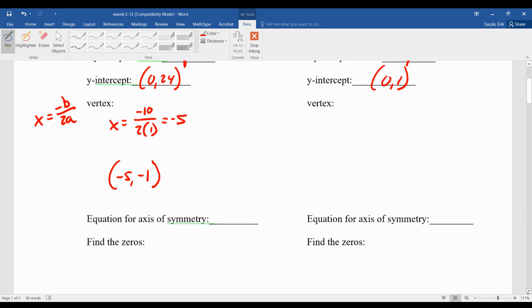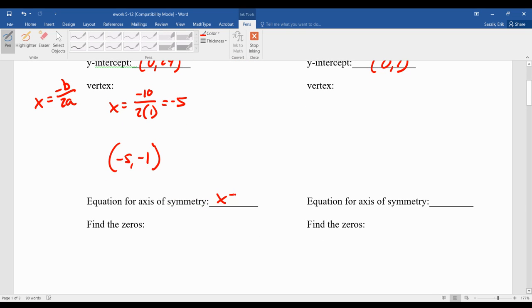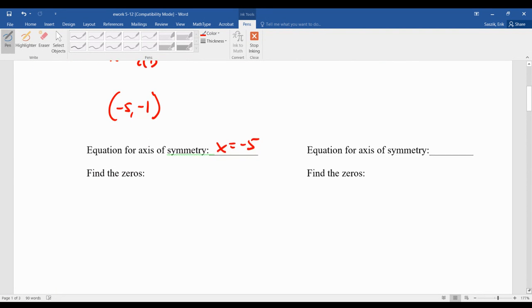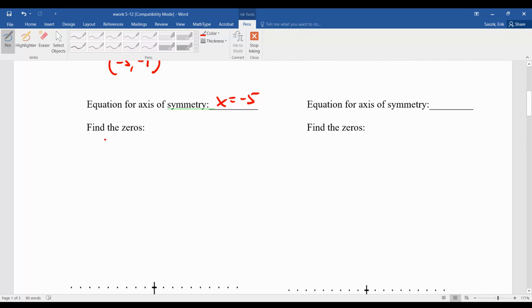Equation of axis of symmetry. It's always x equals whatever this x value is every time. Find the zeros. Remember, the zeros, that's the x-intercepts. So replace y with 0. And then this looks like it's something that would be factorable.